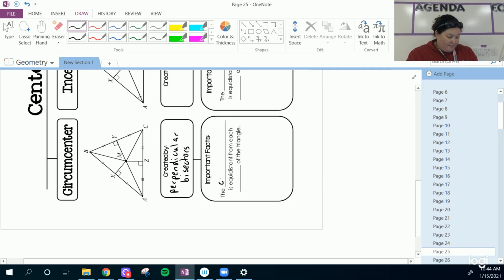The circumcenter is equidistant from each vertex of the triangle. So the circumcenter is equidistant from each vertex. So these three segments here that I'm drawing up on the triangle are congruent to each other. So AM is equal to BM, which is equal to CM.